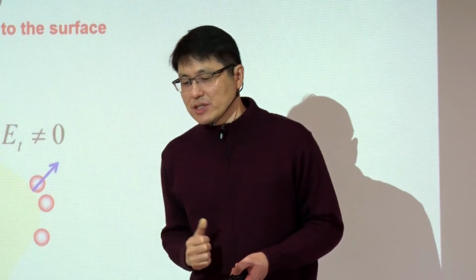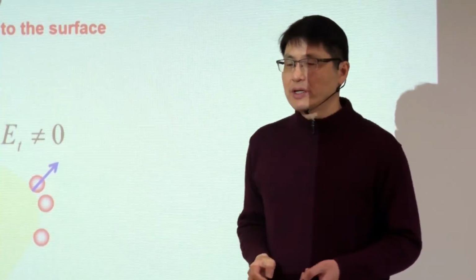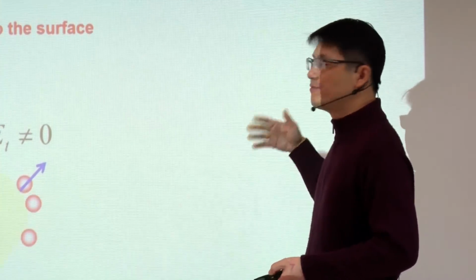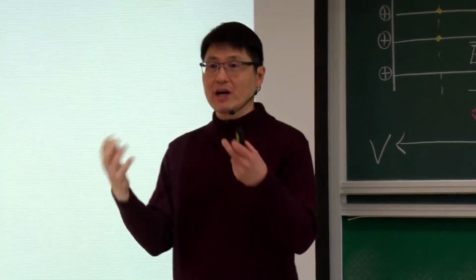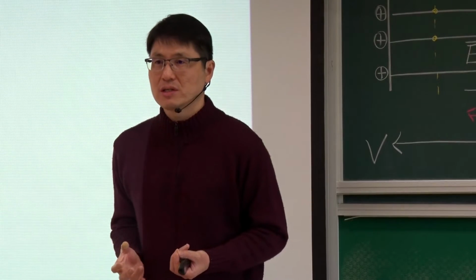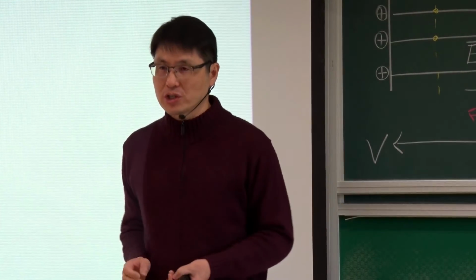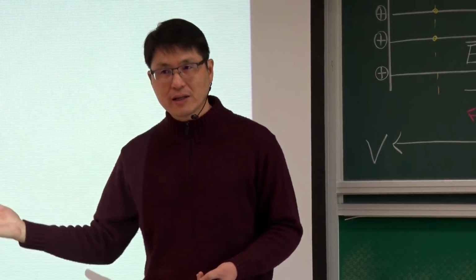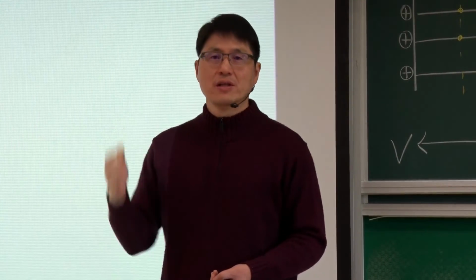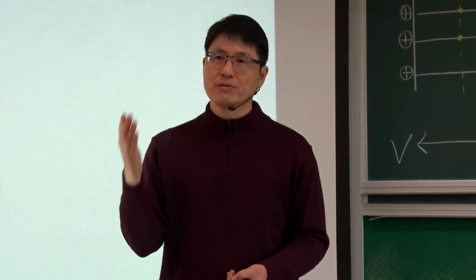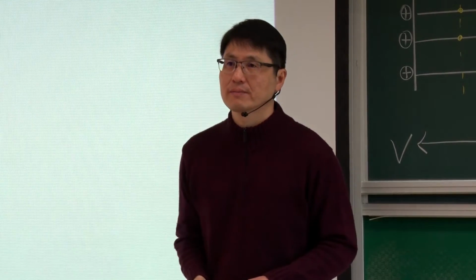So I'm introducing this in a more philosophical way. I haven't invoked any math, I'm only describing what we understand about conductors. Conductors have equal potential, therefore they cannot have fields inside, they cannot have charge inside, they cannot have tangential field distributions.